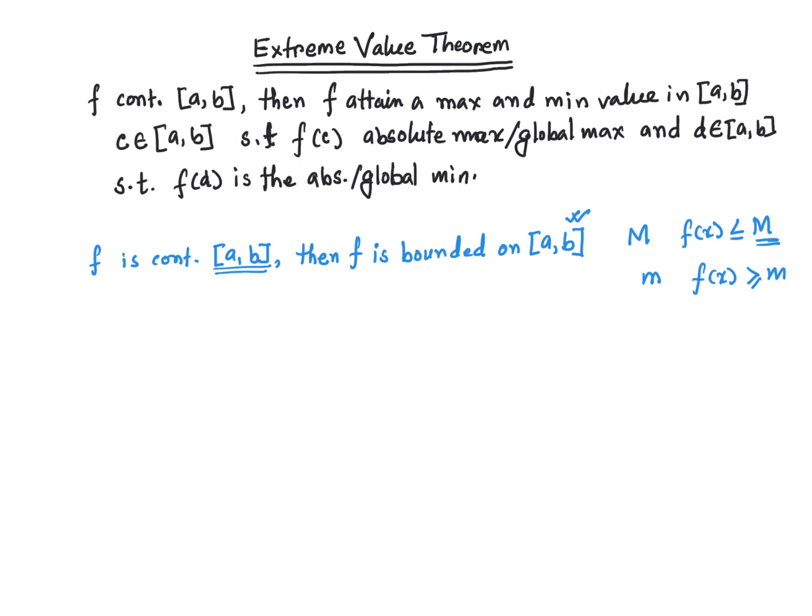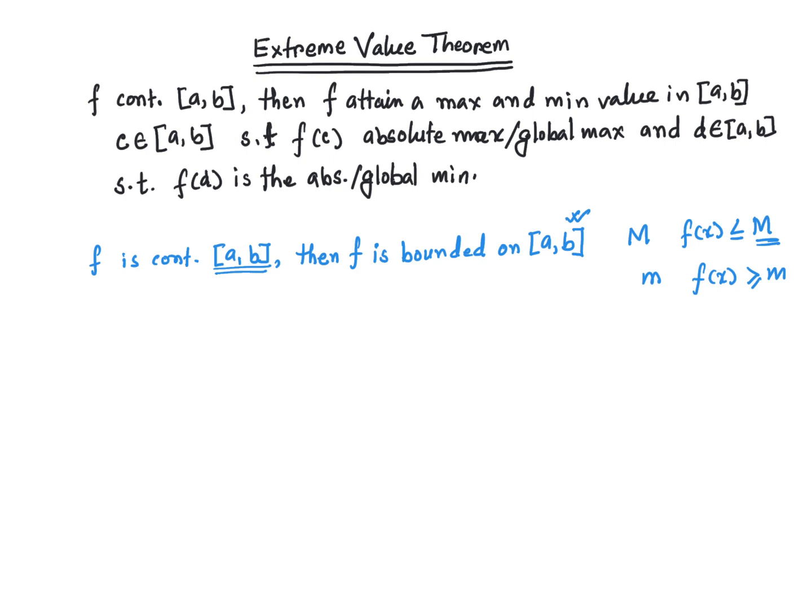So let's prove it slightly differently, by contradiction. Let's say f is not bounded. That means it could increase indefinitely. And similarly, we can prove the decreasing side going towards negative infinity. So let's say f is not bounded.